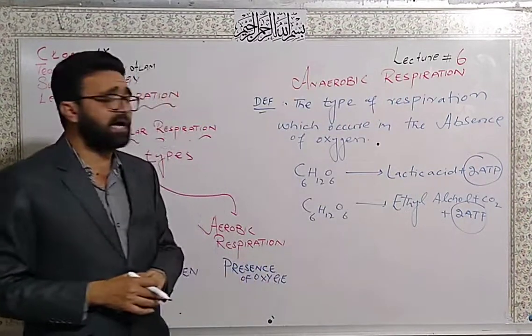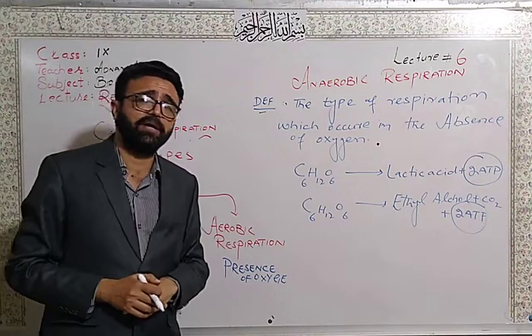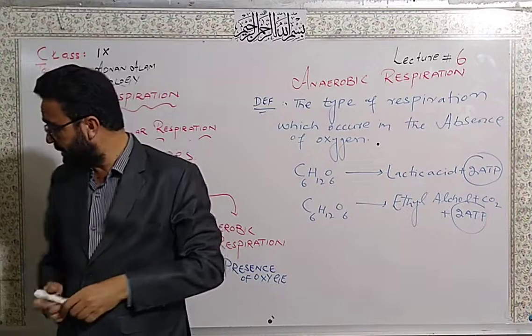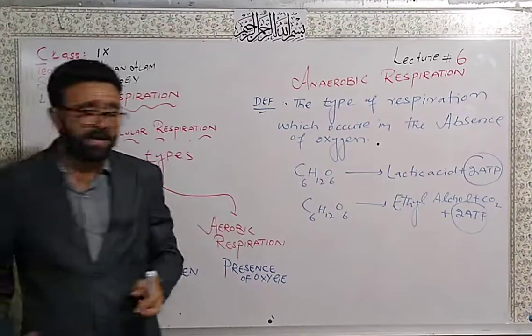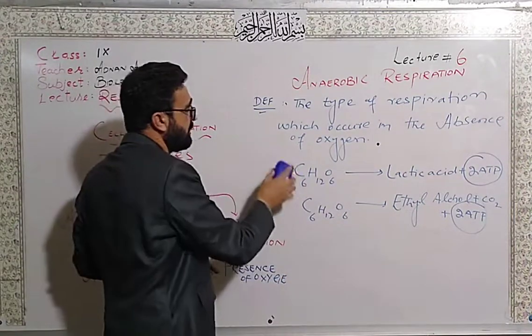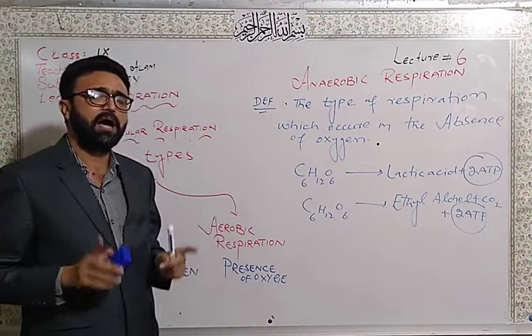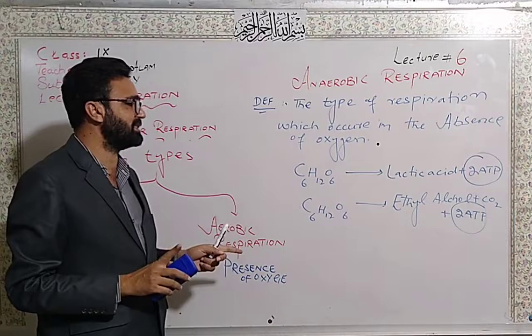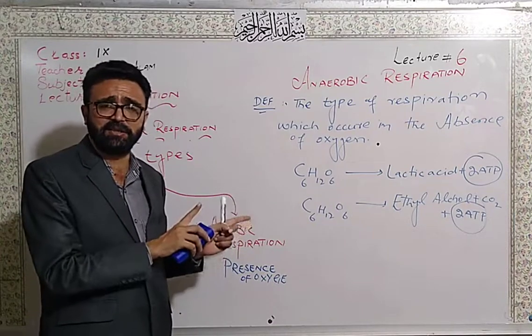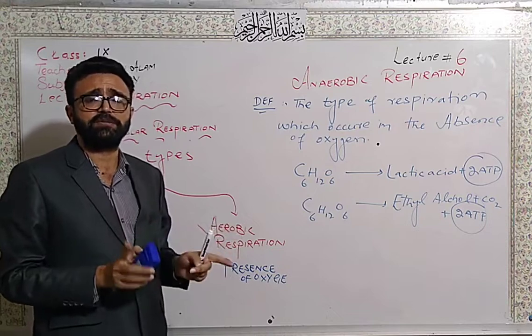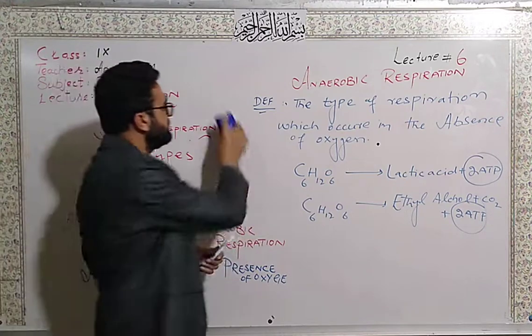This process is also called fermentation. Anaerobic respiration or fermentation is of two types: alcoholic fermentation and lactic acid fermentation. Let's discuss them separately, and then its importance, how this process is important.